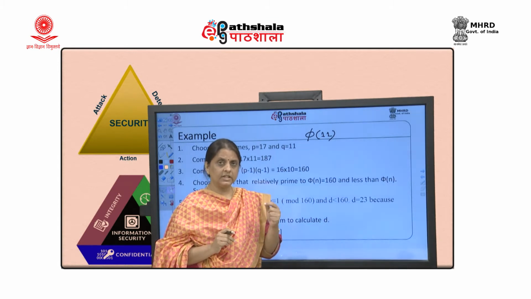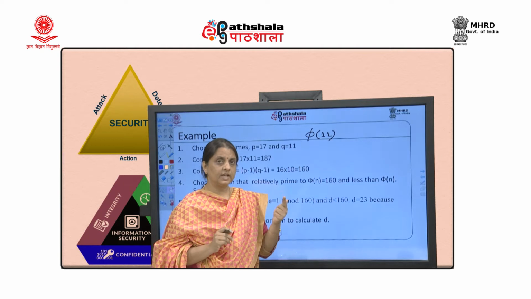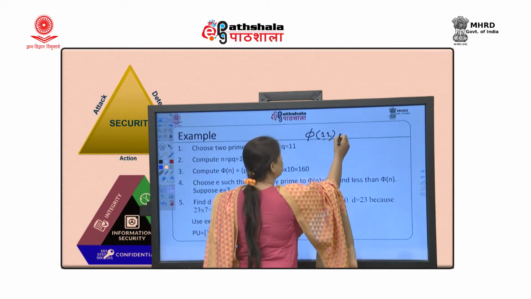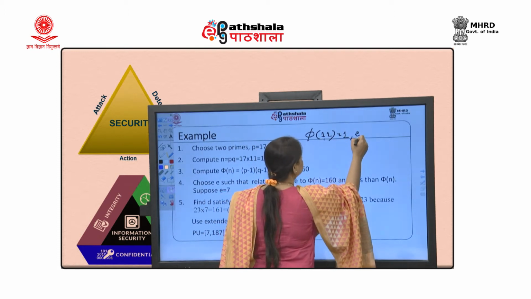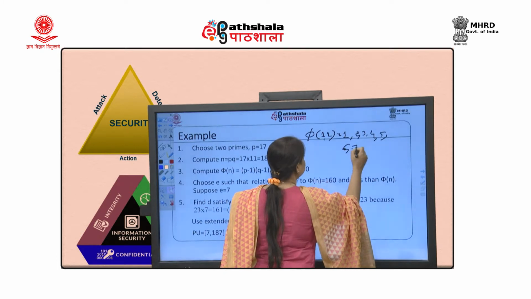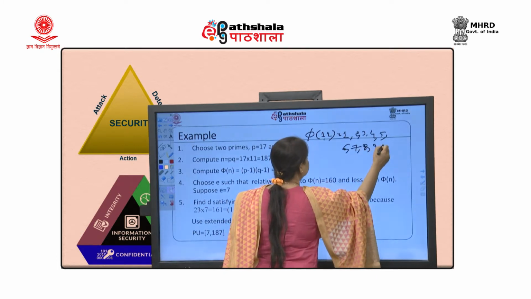Now, here the trick is if you have a prime number. So, what would be the numbers less than 11? 1, 2, 3, 4, 5, 6, 7, 8, 9 and 10.